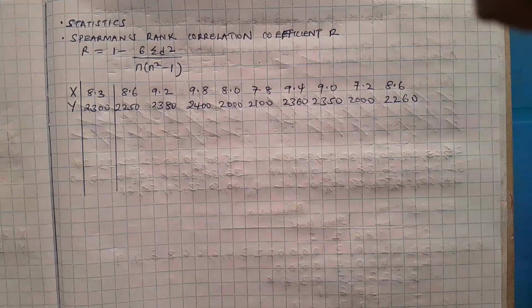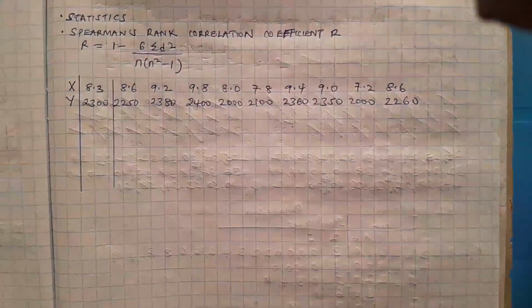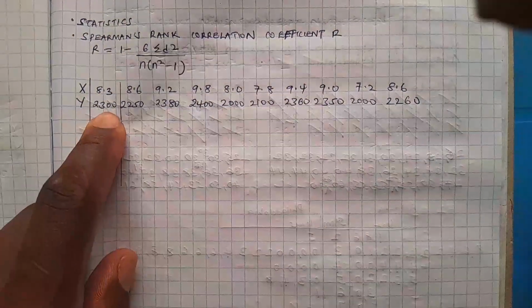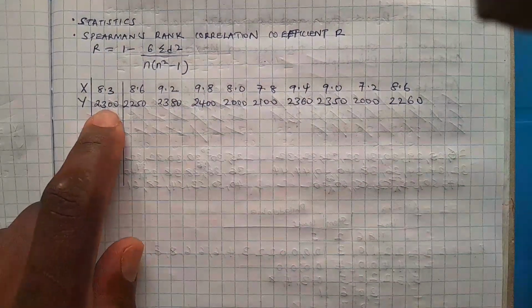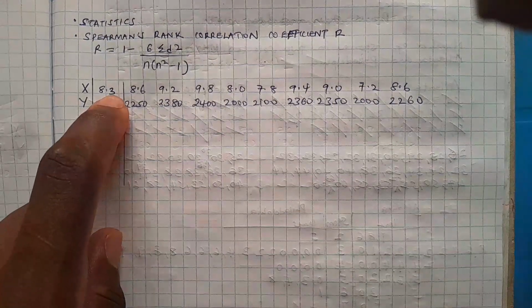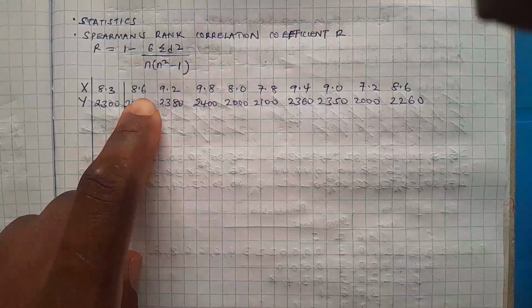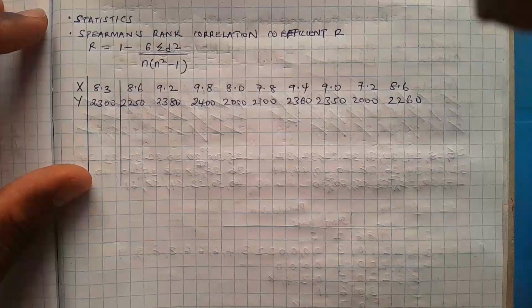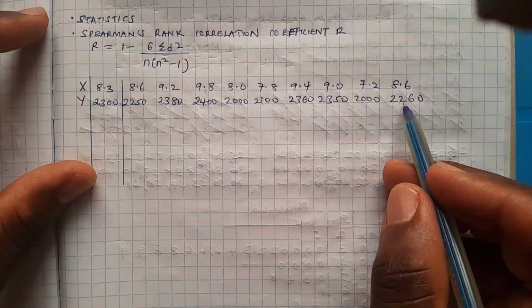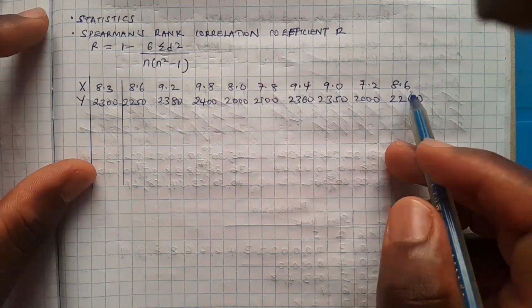For example, in our case, we have x is 8.3 and y is 2300, and this continues up to 8.6, 2260.